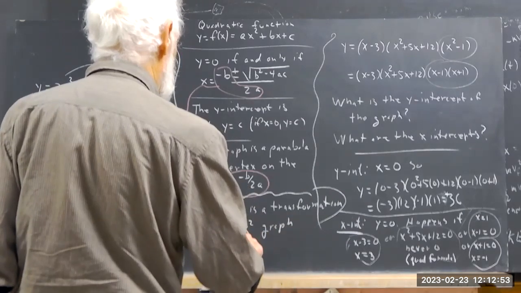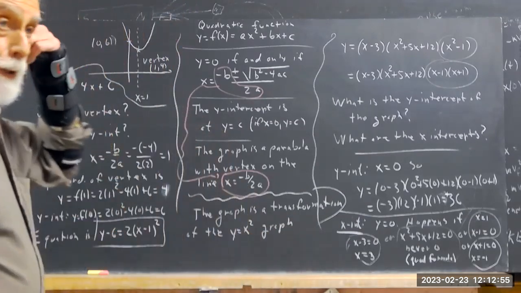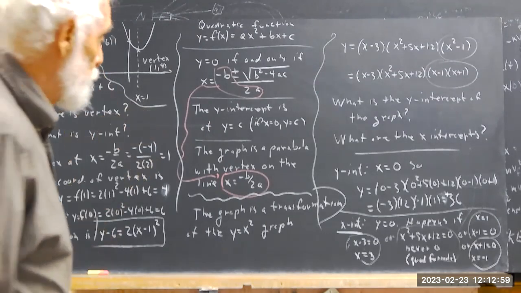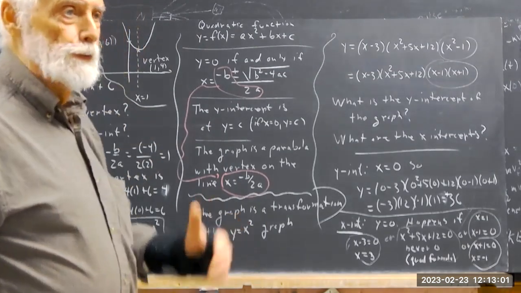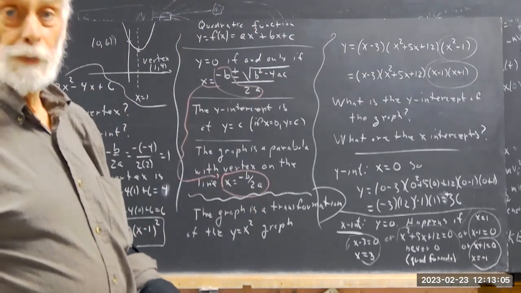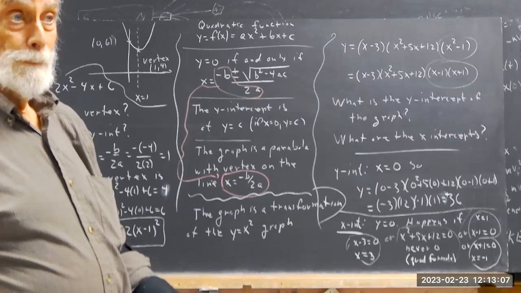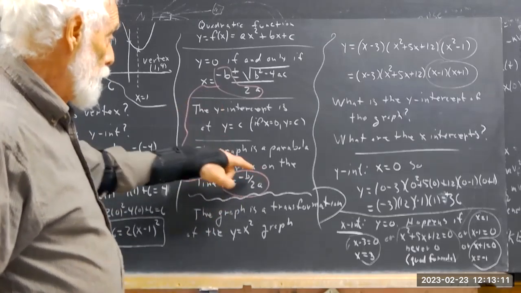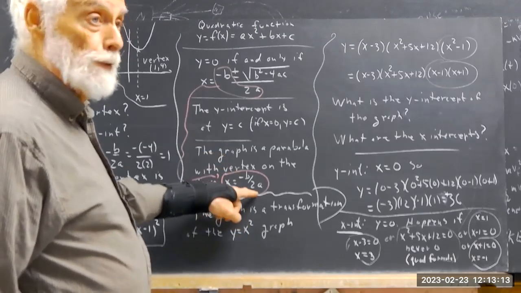The graph is a transformation of the y equals x squared graph. And the y equals x squared graph is symmetric about the y-axis, which goes through the vertex. So this graph will be symmetric about the line through the vertex, which is this line.